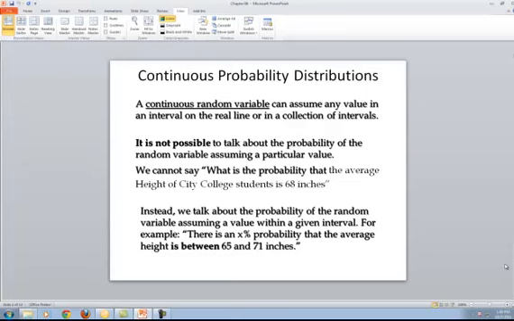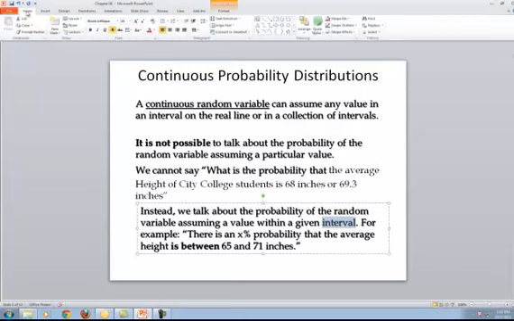So for instance, we cannot say what is the probability that the average height is 68 inches or 69.3 inches for that matter. Instead, we talk about the probability of the random variable assuming a value within a given interval.